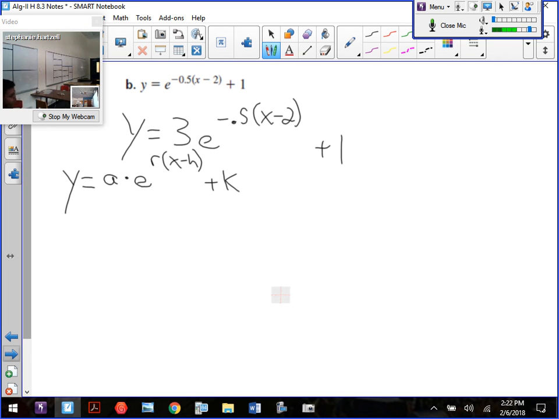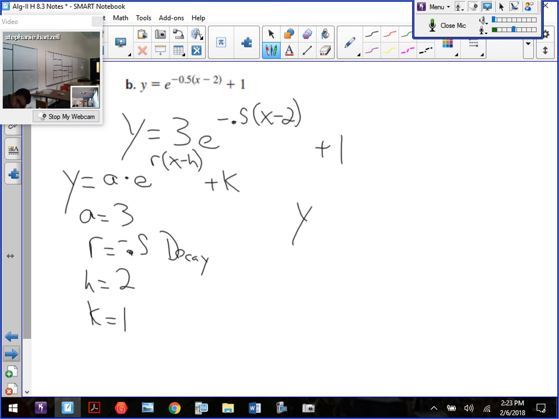So your A value is 3, your R value is negative 0.5, which means it's decay. Then you have an H value of 2 and a K value of 1. So just like we did yesterday, I'm going to plot the parent graph of this. The parent graph would be y equals 3e to the negative 0.5x. That's going to be my parent graph.